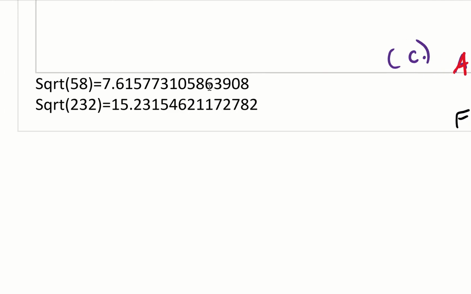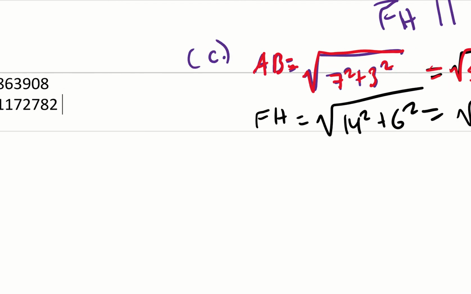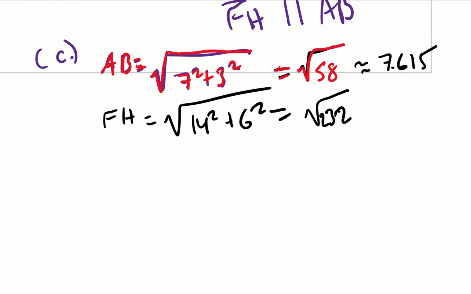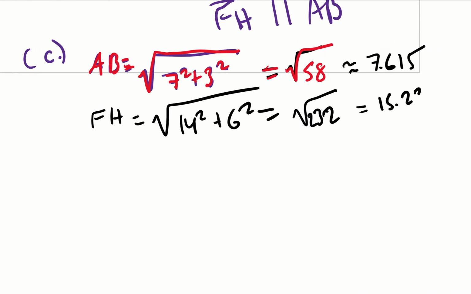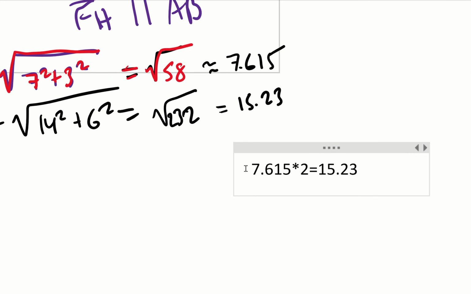Let's write this as 7.615. It'd be easier if we did that. And the square root of 232 is 15.23. So if I double this, I should get 15.23. So 7.615 times 2 is exactly 15.23.